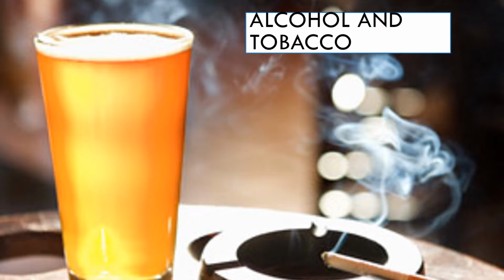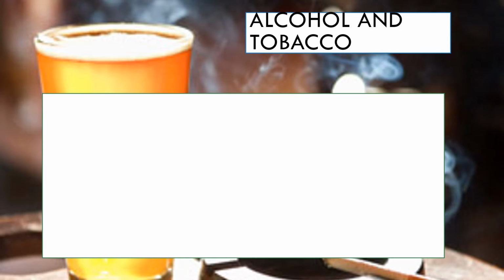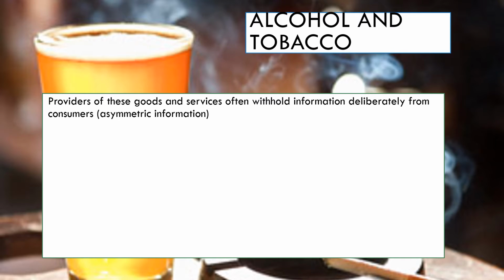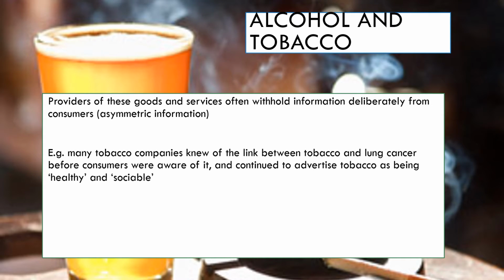Let's think about alcohol and tobacco. So here we have the buyer, the person buying the alcohol or the tobacco, and the seller, the company selling it. Now, the providers of these goods and services, the seller of alcohol and the seller of tobacco, often in the past have been shown to withhold information about the harmful side effects of these particular products from the consumers.